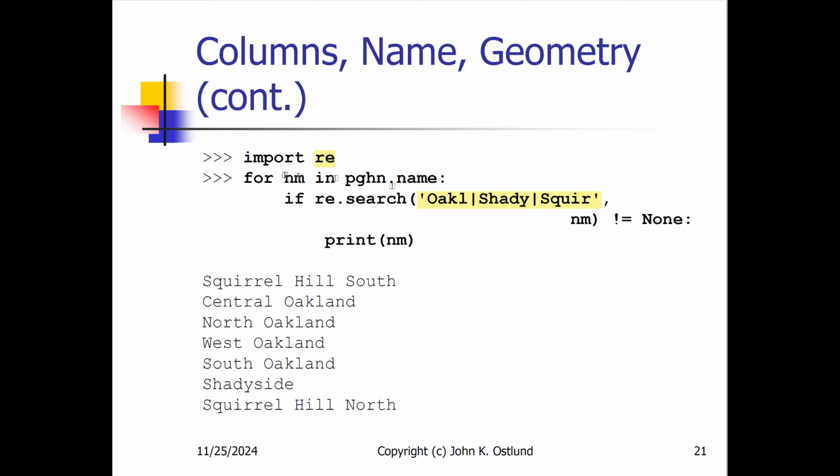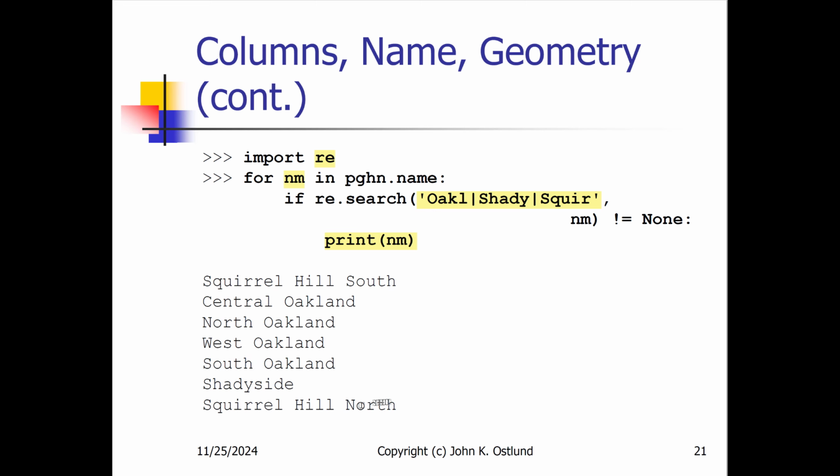So if nm is my for loop variable, which contains each name of a neighborhood, one name at a time, and that name contains OAKL or shady or squirrel, then we have a match, and we're going to simply print out the name that matches. And we should get this list here.